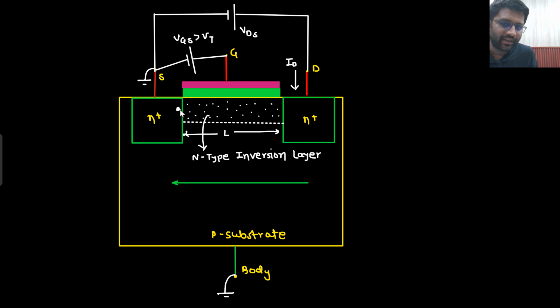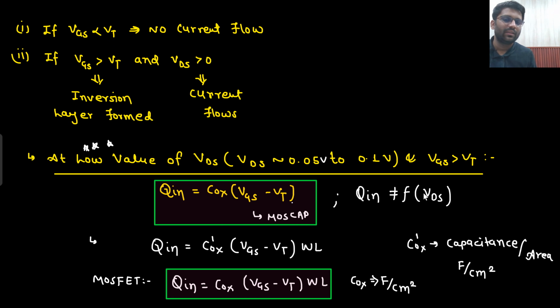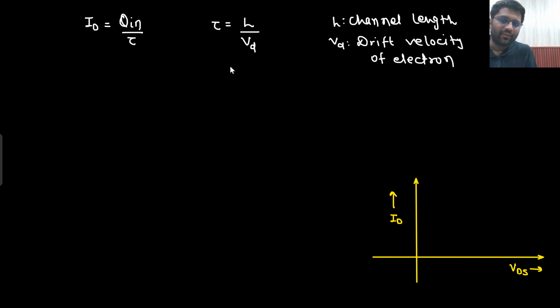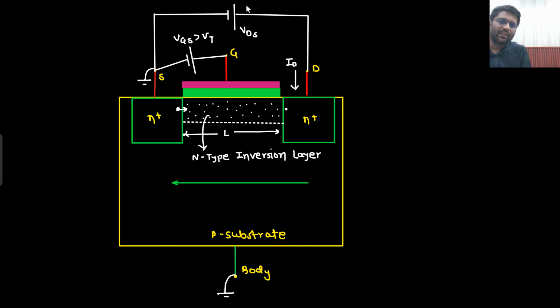This is what we will assume, that it needs to start from here and reach here. So it needs to cover a distance of L, and its drift velocity would be Vd. Vd can be written as mu E, the applied electric field.